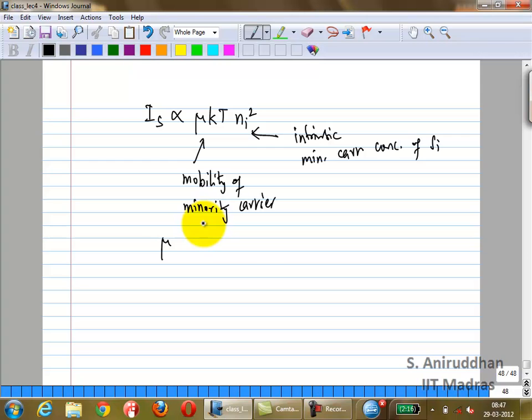Does mu depend on temperature? It does. There is some dependence on temperature, some T power m, approximately minus 3 by 2.